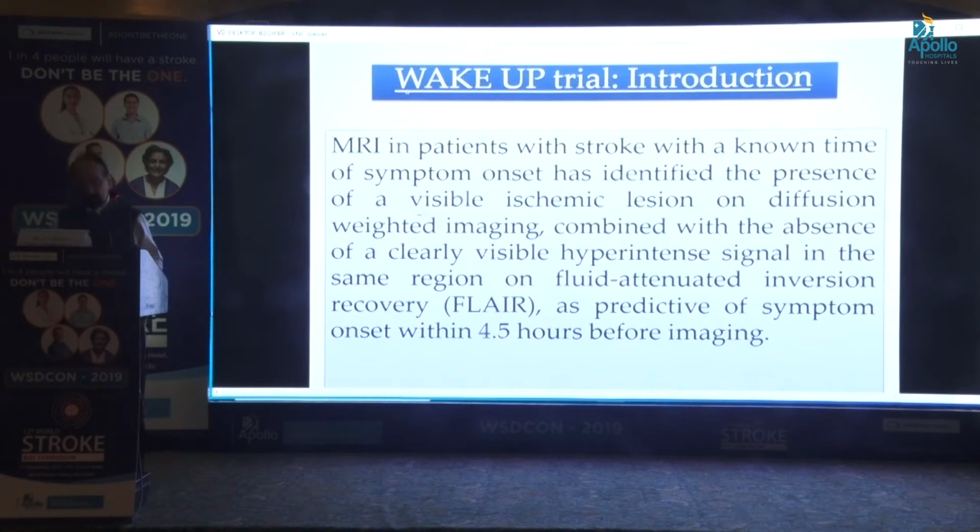MRI in patients with stroke with unknown time of symptom onset was identified by presence of a visible ischemic lesion on diffusion-weighted images, combined with the absence of a clearly visible hyperintensity signal in the same region on FLAIR, which would mean this stroke is less than 4.5 hours. So just by doing 2 images, you have got the answer of a wake-up stroke, that this wake-up stroke is probably less than 4.5 hours, which is the easiest thing to do.